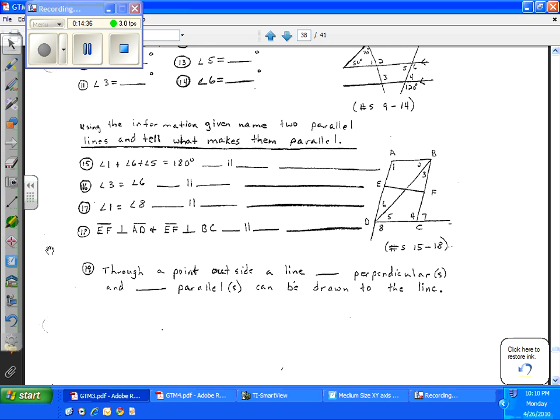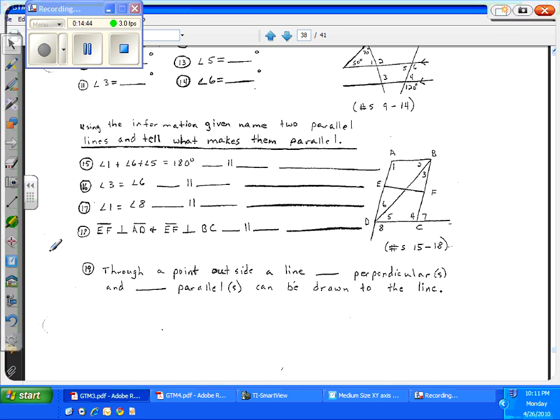15 through 19. Using the information given, name two parallel lines and then tell what makes them parallel. It says angle 1 plus angle 6 plus angle 5 is equal to 180. So angle 1 is this. We're going to go all the way to where it talks about 6 and 5.